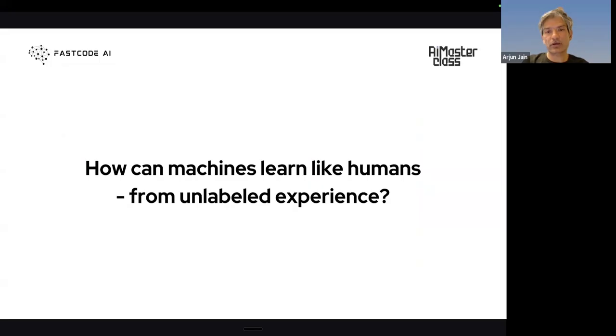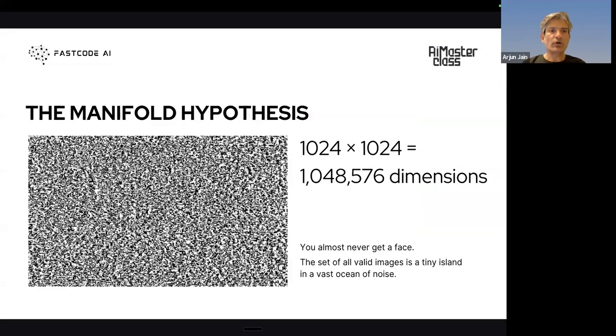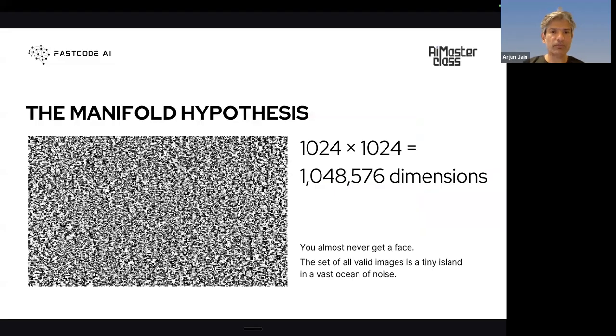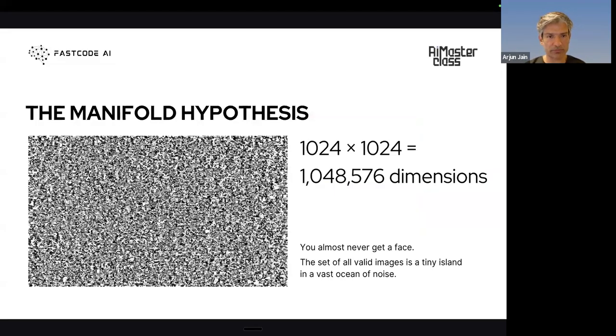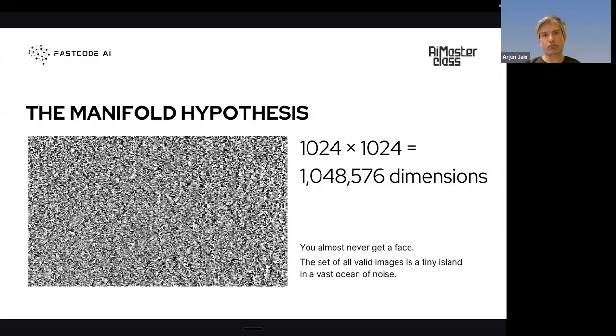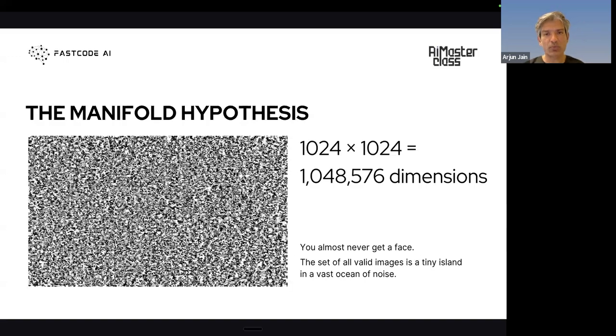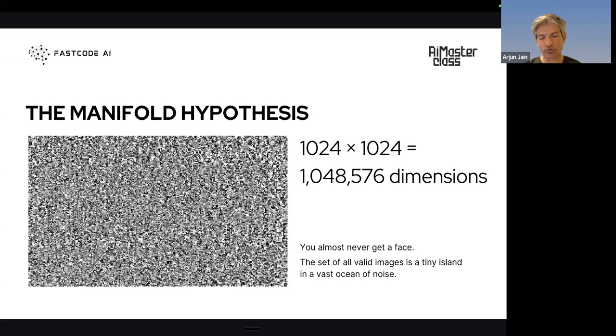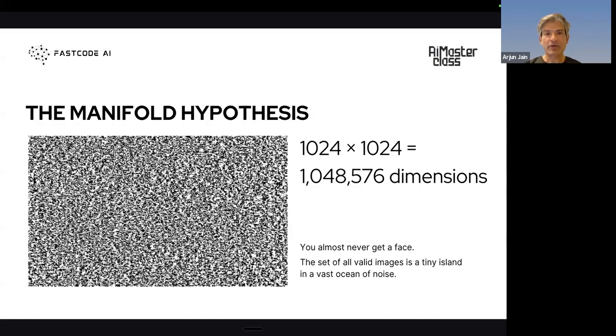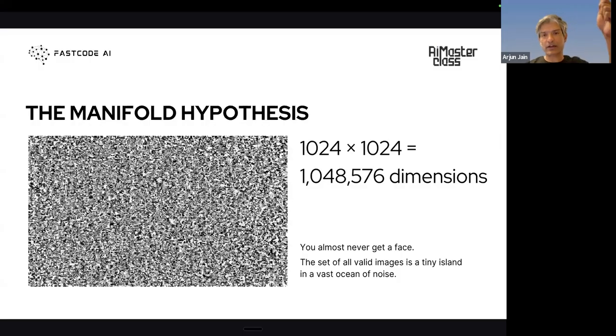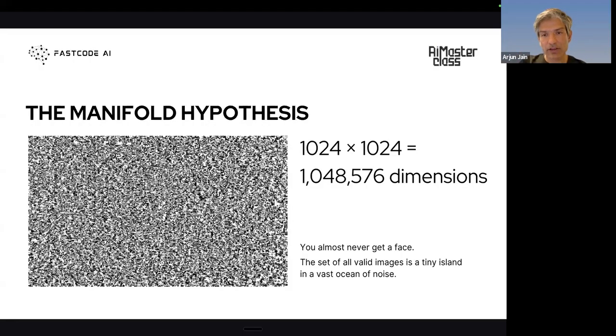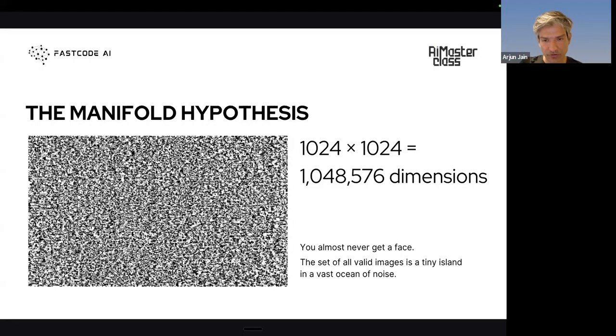And how can machines learn like humans from unlabeled experience? Now, this is an interesting thought experiment. If we have, let's say, a 1024 by 1024 image, and we flatten it out into a vector, we have more than 1 million dimensions.